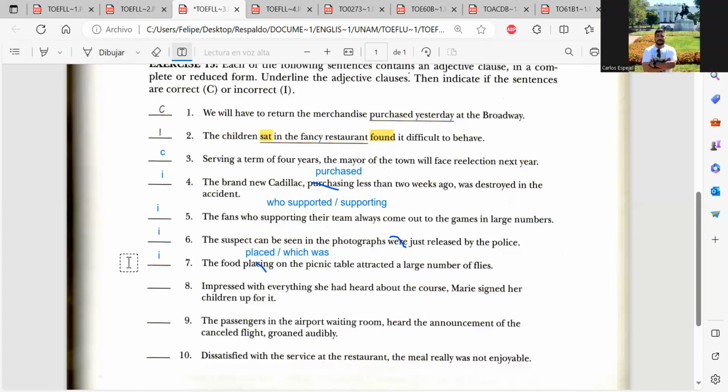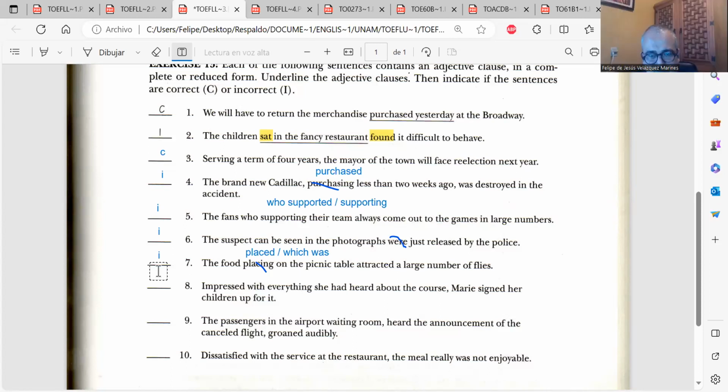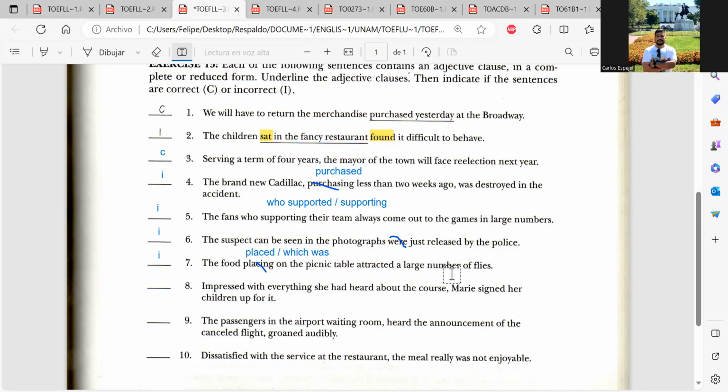Impressed with everything she had heard about the course, Mary signed her children up for it. Let's identify it. Who was impressed? Mary. So this is describing Mary.